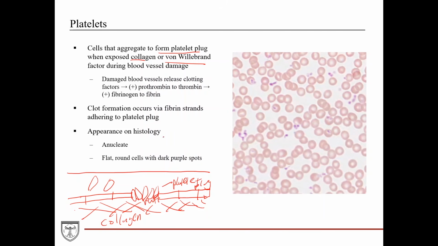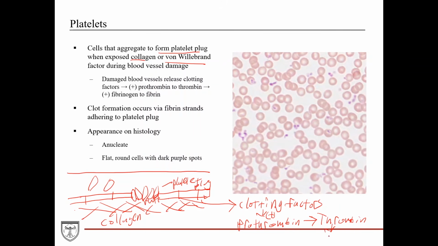And so the other thing that damaged blood vessels will do is they'll release into the blood clotting factors. And then clotting factors will stimulate prothrombin to become thrombin.